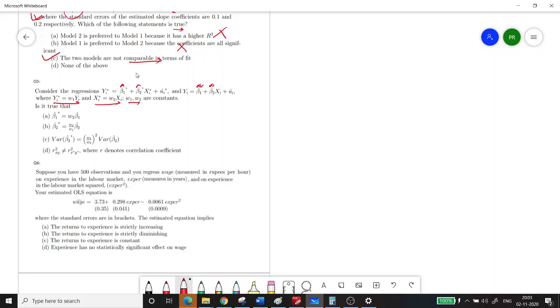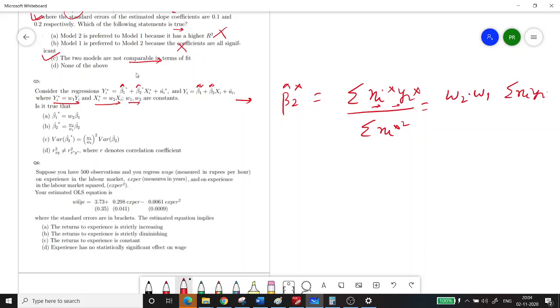So if you are fairly versed with how to calculate these beta 1 and beta 2, beta 2 hat star, if I want to find out, so beta 2 hat star क्या होगा? Summation xi star yi star, I'm just writing in deviation form, divided by summation xi star whole square. Now, this will also get multiplied by W2, this will get multiplied by W1. So outside the summation term, you'll have W2 times W1, summation xi yi, and here you'll have W2 whole square, summation xi square.